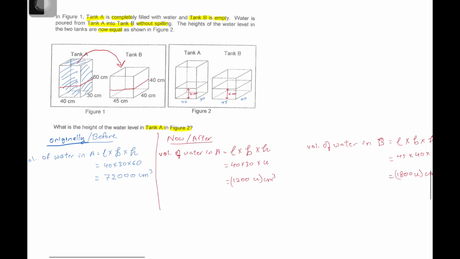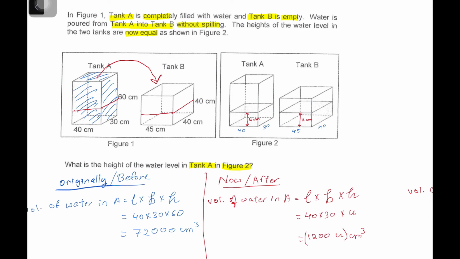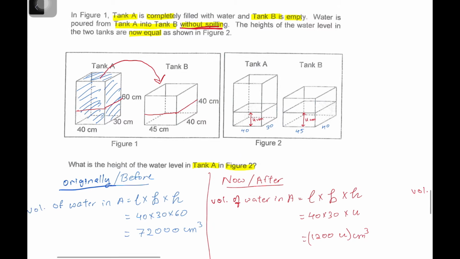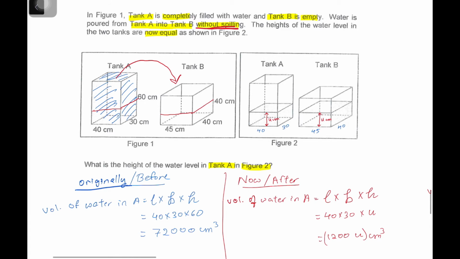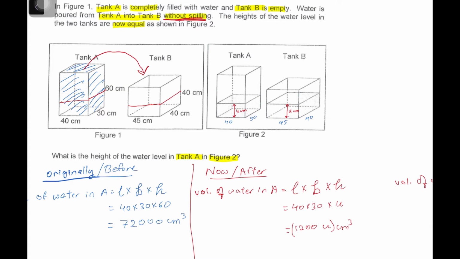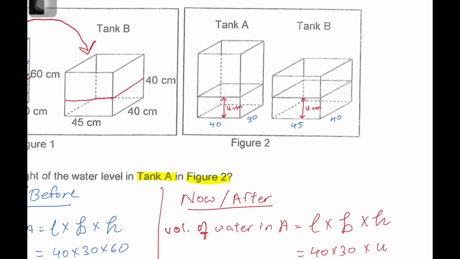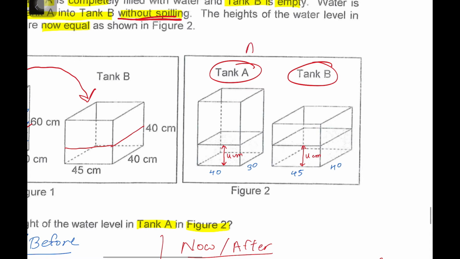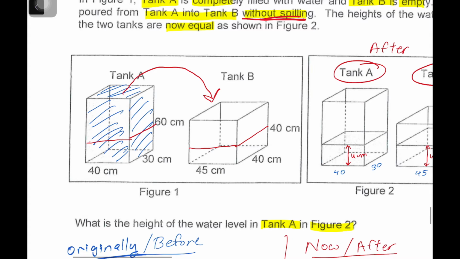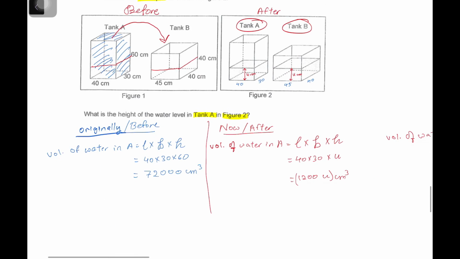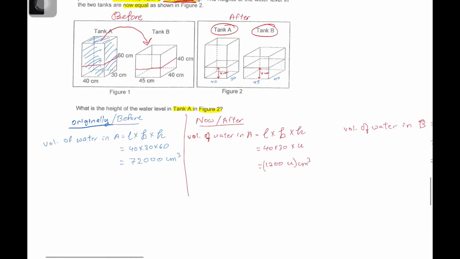And now the question states that water is poured from A into B without spilling. This is an important keyword. This shows the conservation of water, meaning that the total amount of water in tanks A and B after is the same as the total volume of water in A before. So let me just write it down.